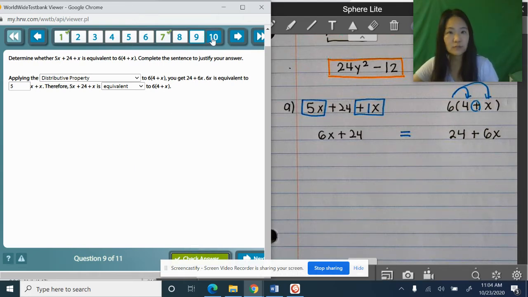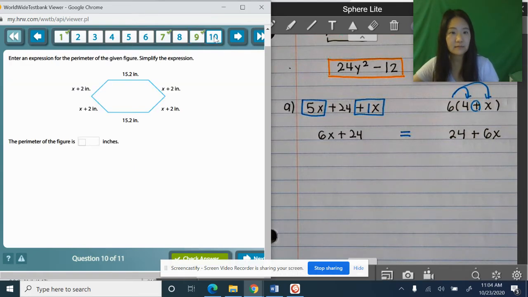The next one I'm going to do is number 10. You're going to have a problem that has to do with the perimeter on your quiz as well. It says enter an expression for the perimeter of the given figure. Simplify the expression. If you remember, the perimeter of a polygon is basically the distance around the outside of a polygon.